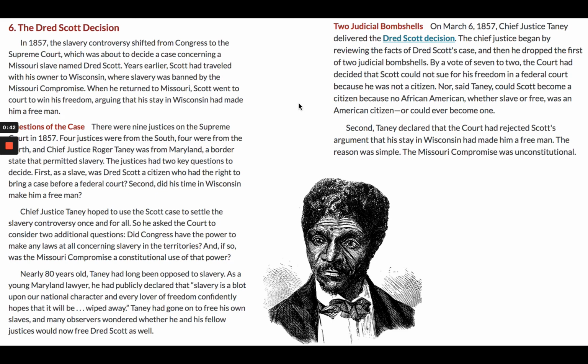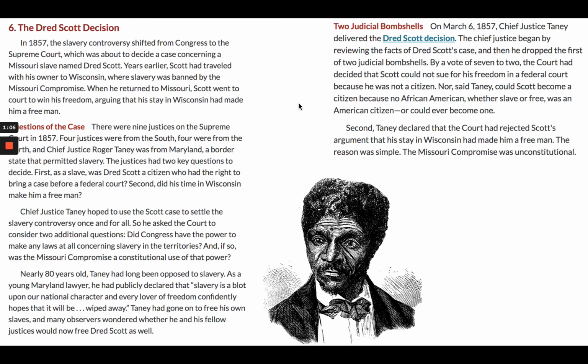We're also going to be looking at the election of Abraham Lincoln, which is another catalyst for tearing the nation apart and leading to civil war. And then finally, South Carolina becomes the first state to secede from the Union. It's going to leave the United States and start its own country. All right, let's go ahead and get started.